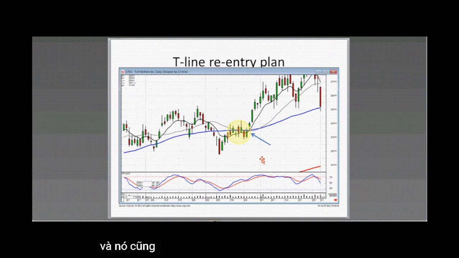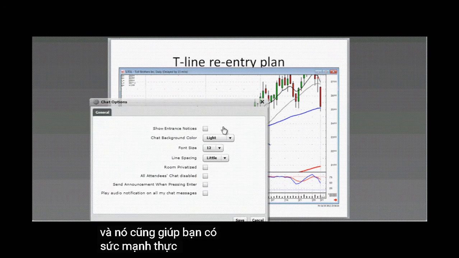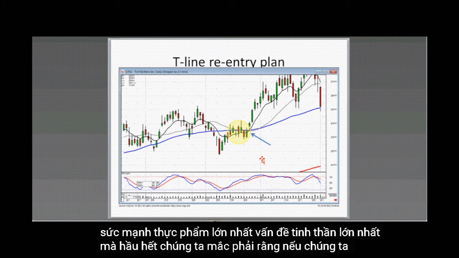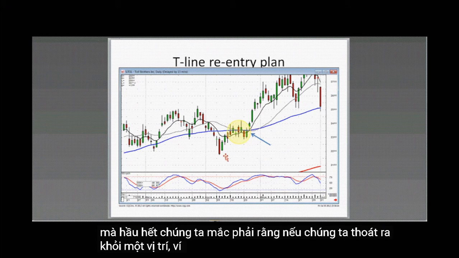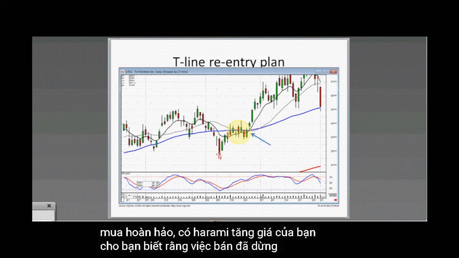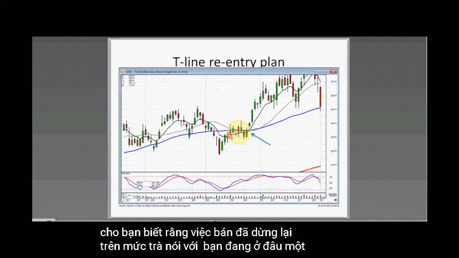And it also helps you with the biggest faux pas, or the biggest mental problem that most of us have, that if we get out of a position, for example, this is a perfect buy. There's your bullish harami telling you the selling had stopped. Close above the T-line tells you we're in an uptrend.